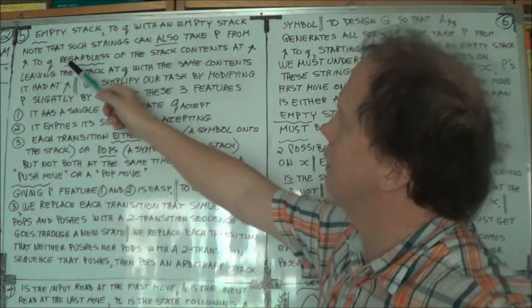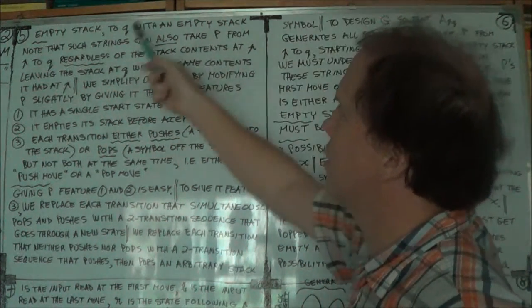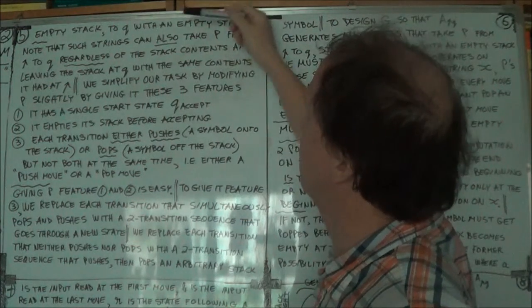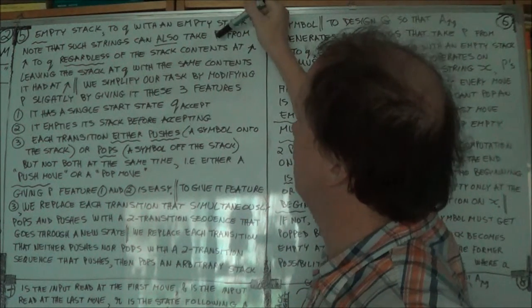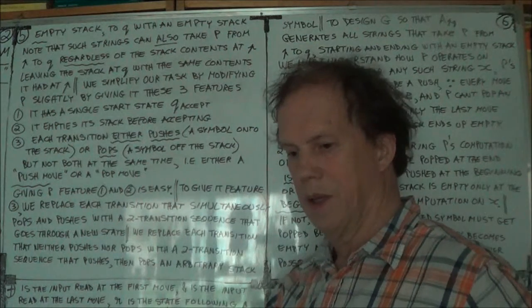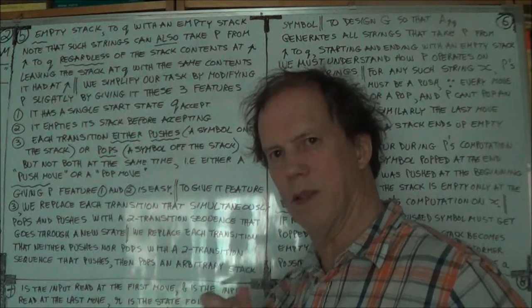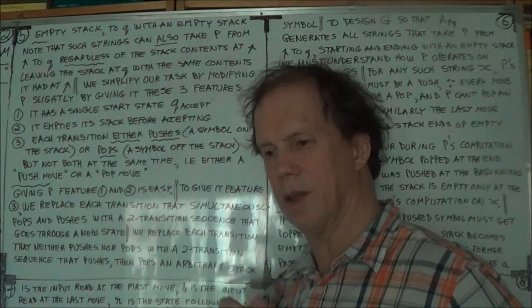Now also, all these strings that you're generating, they will also take your machine P from state little p to little q, without the stacks having to be empty at the beginning and the end.